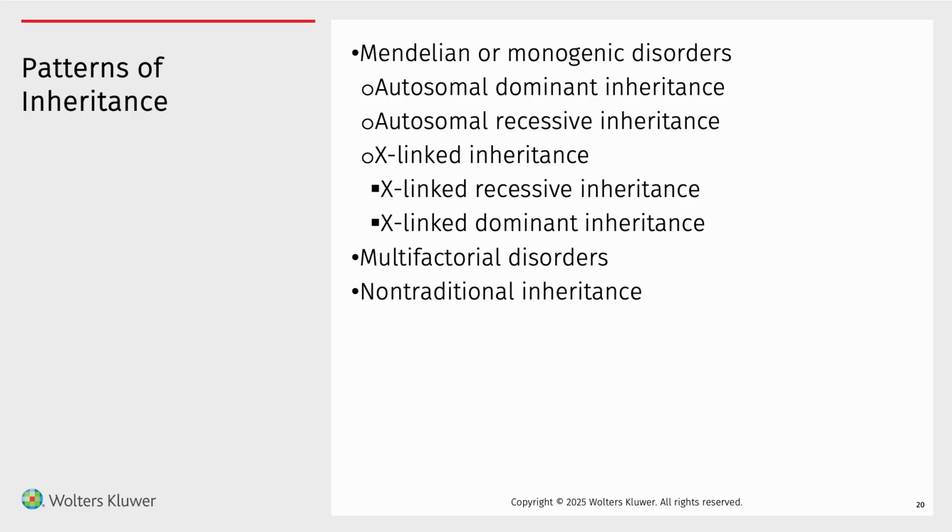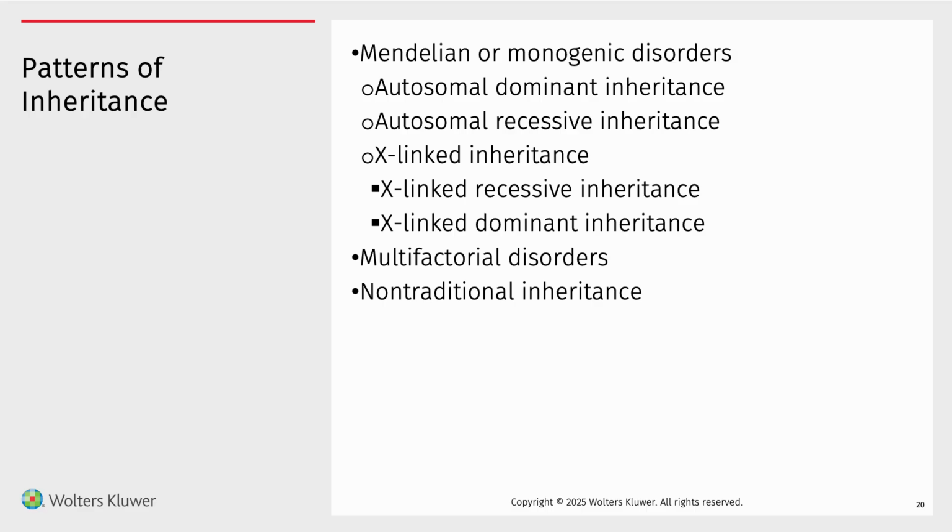Example, Huntington disease, Marfan syndrome. Okay. So autosomal recessive inheritance requires two copies of the mutated gene, one from each parent, for the disorder to be expressed.